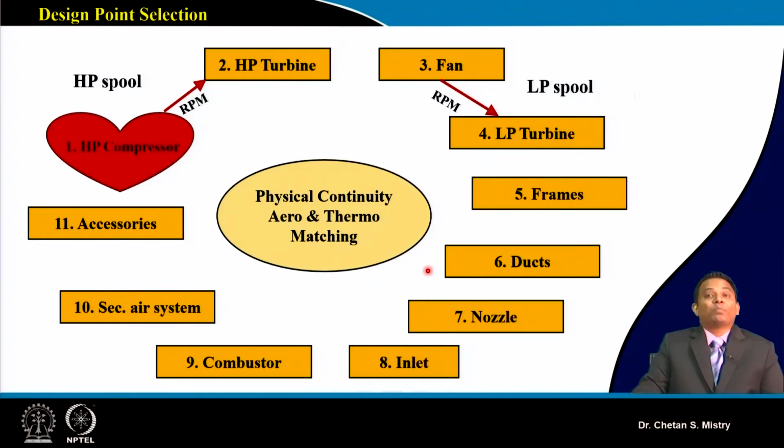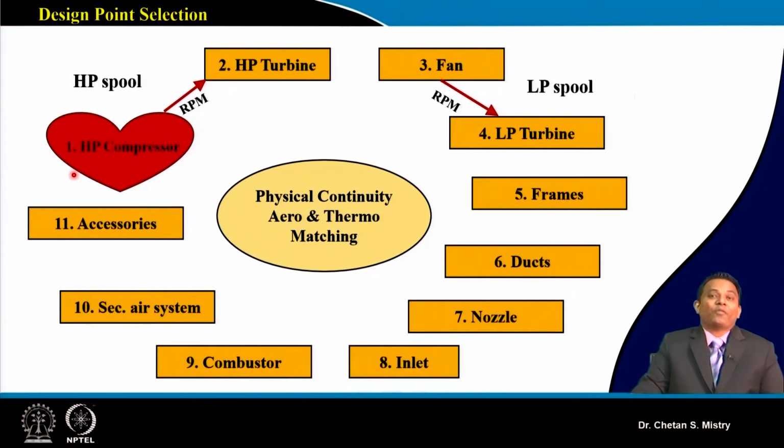Now what the pressure rise needs to be from the HP spool or HP compressor is also very important. How many stages we select is equally important. So when we do our design for the HP compressor, it gives us an idea about what my rotational speed needs to be.